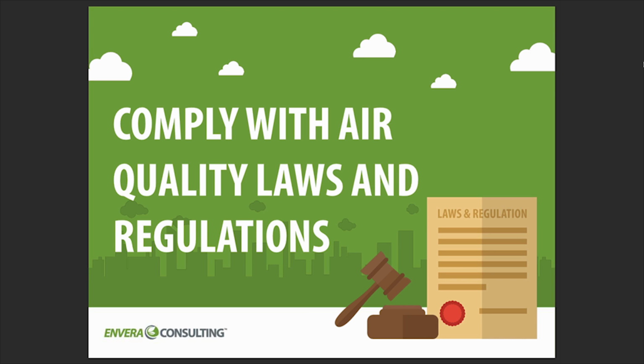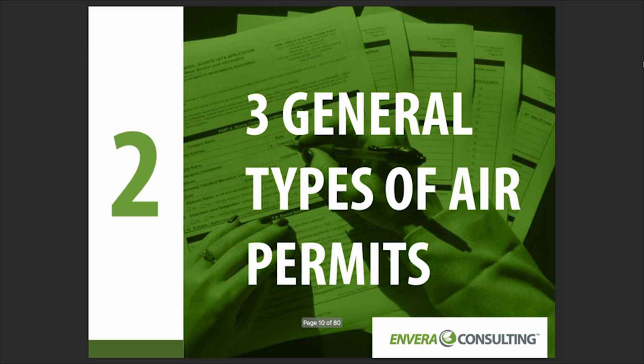And in addition to that, very simply, permits are needed to comply with federal air quality laws and regulations. Not only federal, but federal, state, and local air quality laws and regulations. And so on a very basic level, those are the two reasons why permits are needed in the first place.